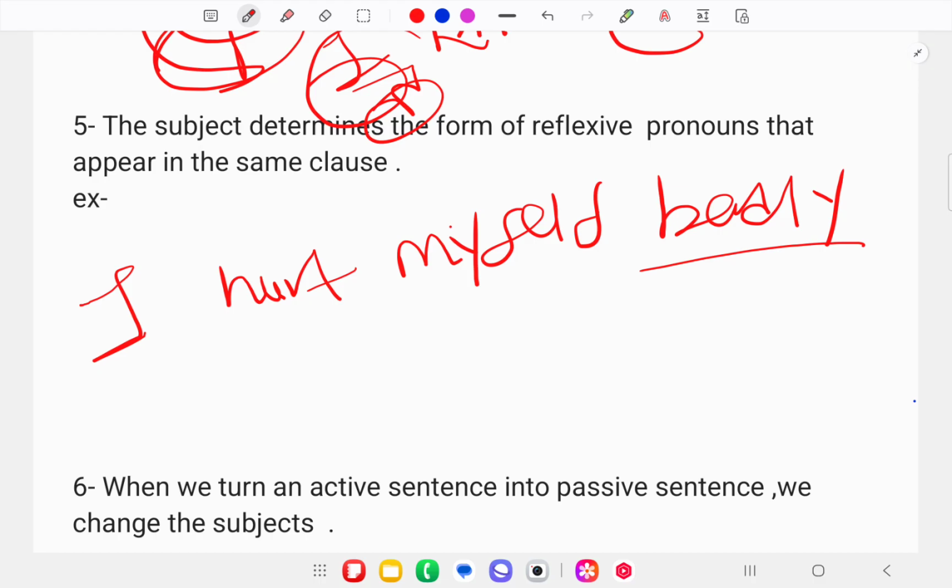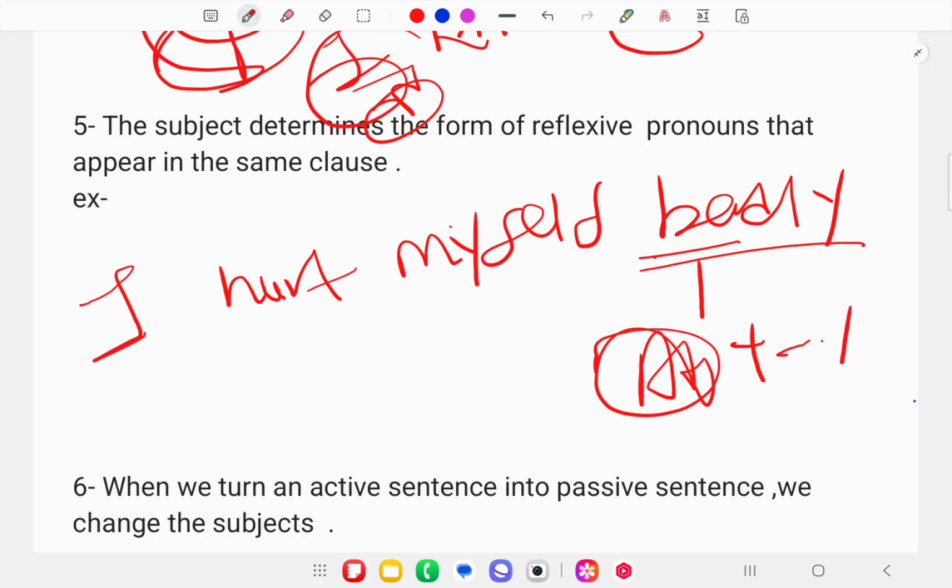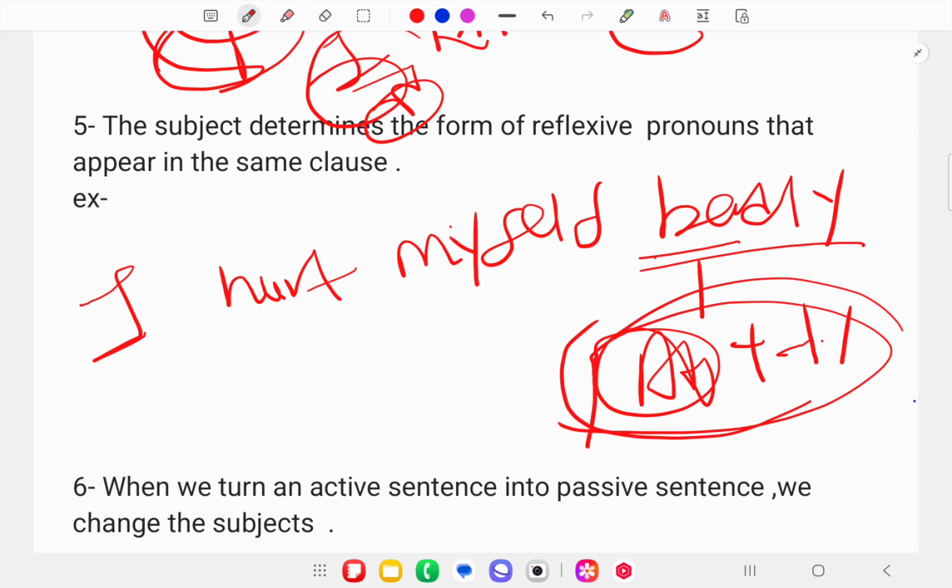Here "bad" is the adjective, and to make it an adverb we just add -ly, but here we will not say whether it is an adjective or adverb; we will only say this is the object because it comes at the end position of a sentence. So what this rule wants to explain is that the subject determines the form of a reflexive pronoun that appears in the same clause.